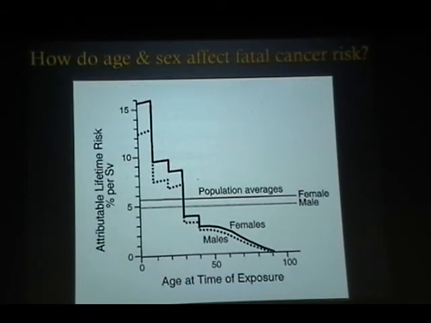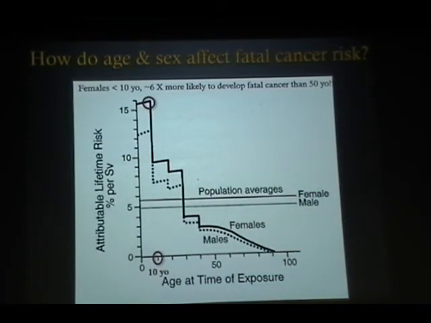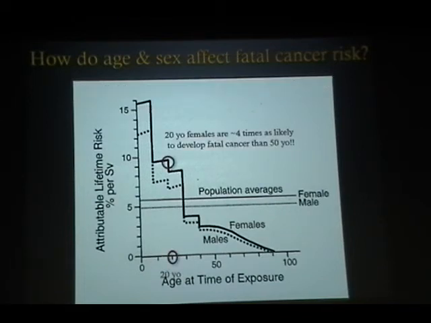So, this slide basically tells about gender and age, and how sensitive they are. In this particular example, a 10-year-old female is 6 times more likely to develop a fatal cancer when you compare with a 50-year-old male. At 20 years, they are likely to develop 4 times more.